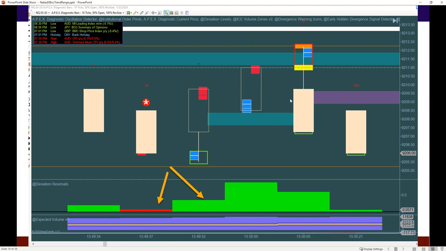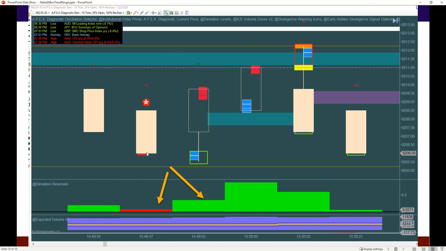Okay, there's two reasons why we don't take this trade long. Yes, on the setup bar, the bar that would have set us up to go long, the bar that had the exhaustion box and the trapped order, the DR was green. But remember, the rules are the DR has to be green on the setup bar as well as the bar before.